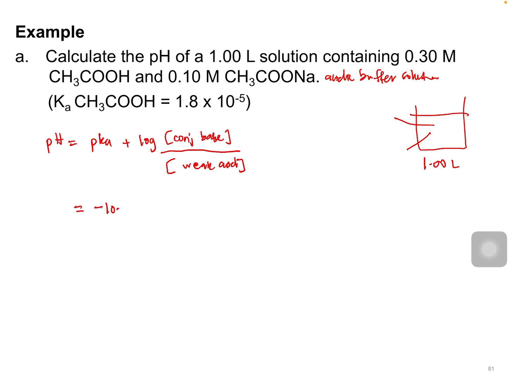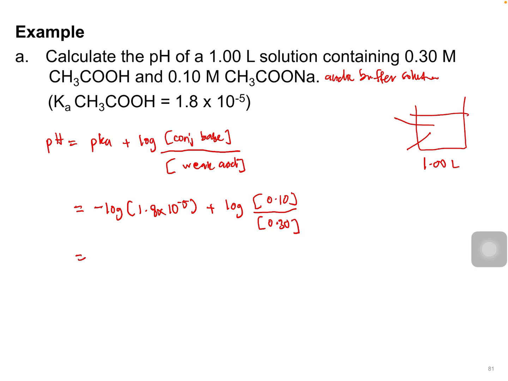pKa is negative log Ka. Ka is given there. Okay, plus log concentration of conjugate base. Conjugate base comes from salt, which is 0.1 divided by 0.30.